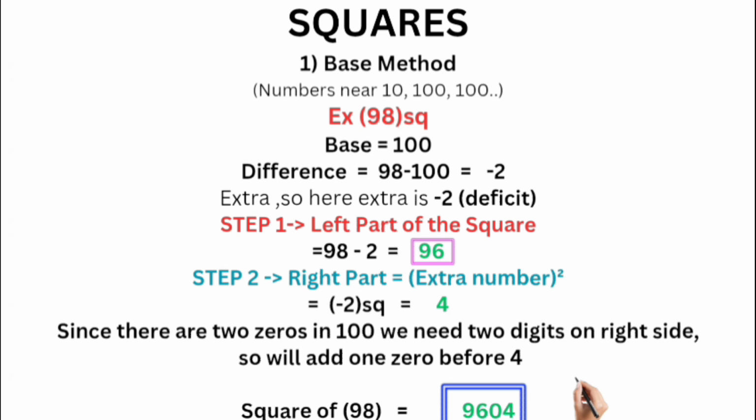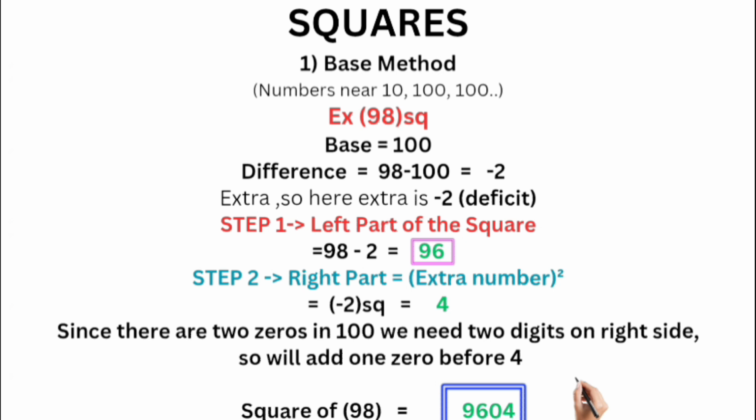Now there is a positive sign before 4 in spite of having minus 2, because while we say square, the sign will also be squared. So minus and minus becomes plus. So the answer is plus 4. Now, there is one more thing that we need to learn.